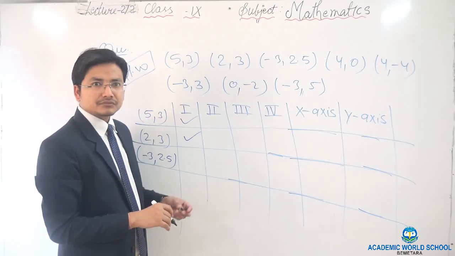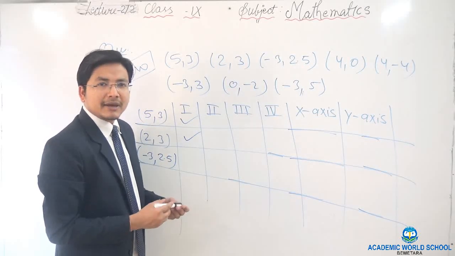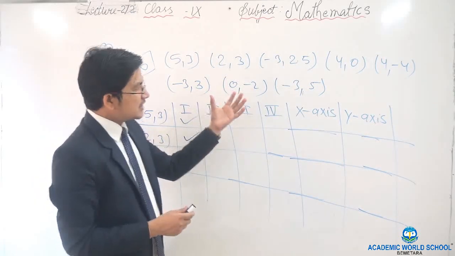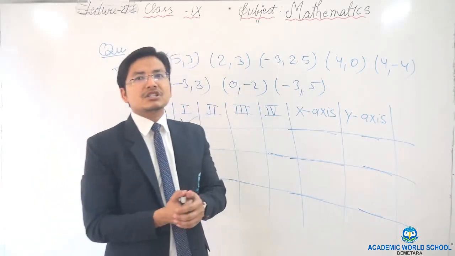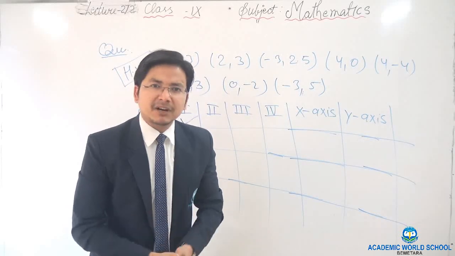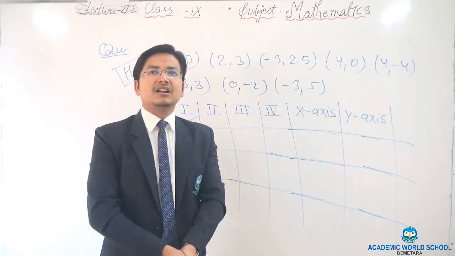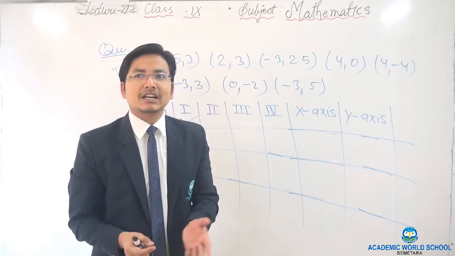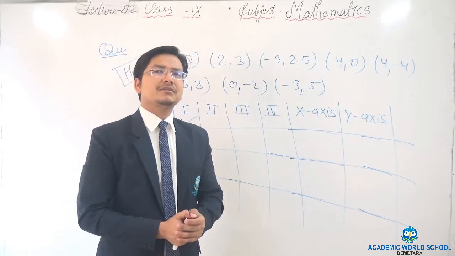Okay. These are the only things which we have to study in this particular chapter. This is a very simple, the easiest chapter of this world we can say, for class 9th students.